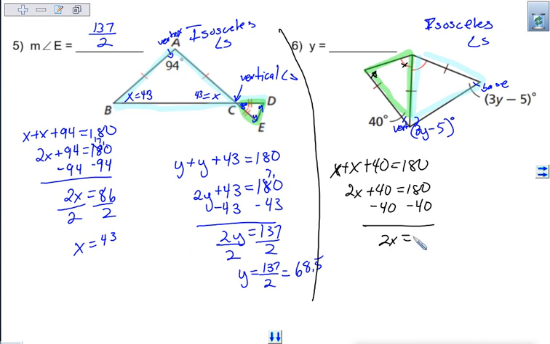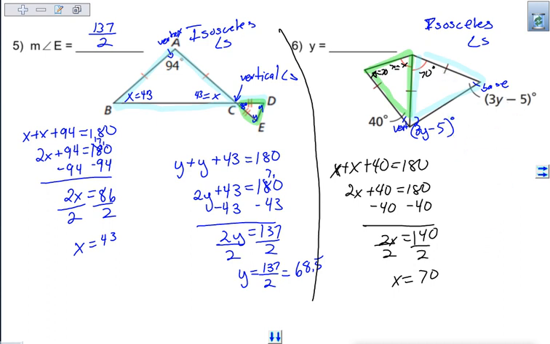That gives us 2x equals 140. Divide by 2 on both sides, so x equals 70. That means that each of these angles is 70 degrees. And because this base angle is congruent to the vertex angle, it's also 70 degrees.